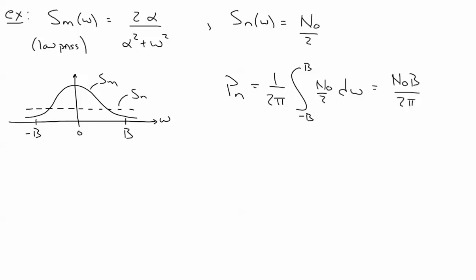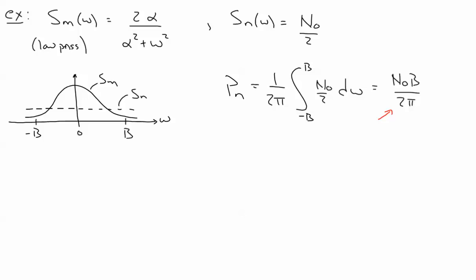Earlier in the previous video on white noise, we did not have the 2 pi in the denominator because I was solving everything in non-radian frequencies. Okay, so this is the noise power in a bandwidth B in radian frequency.